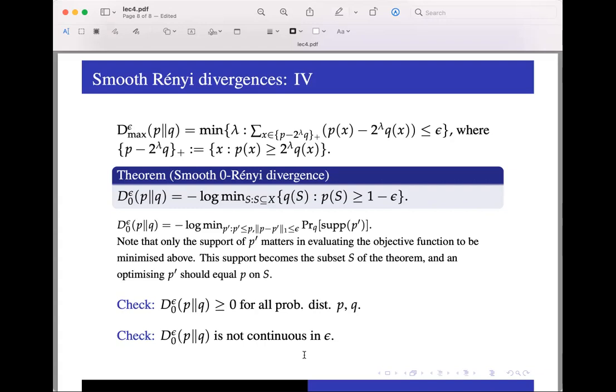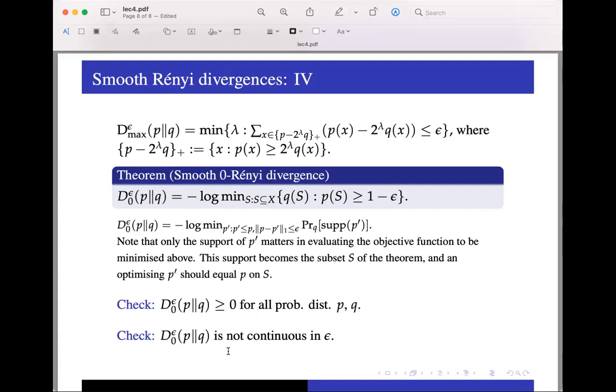I've gone from P to P prime such that P prime is dominated by P. This is fine. And P prime is epsilon close in L1 to P, and that's also a requirement. This is fine. But what is not fine, which you should check and convince yourself, is that d0 epsilon of P with respect to Q is not continuous in epsilon.